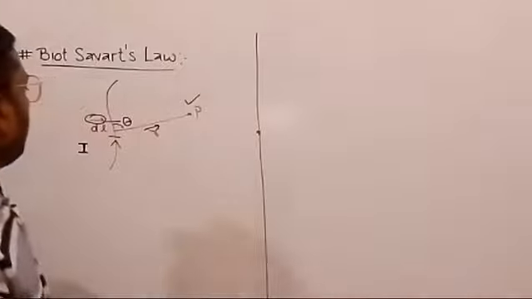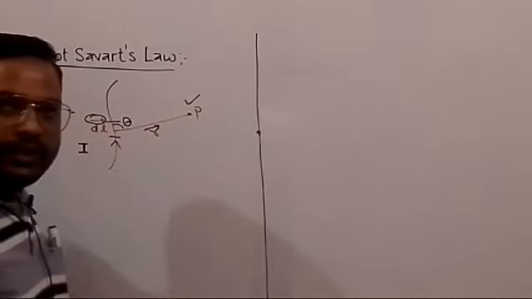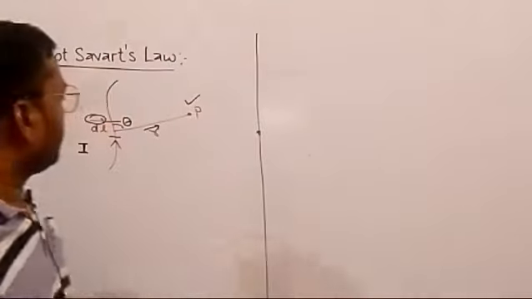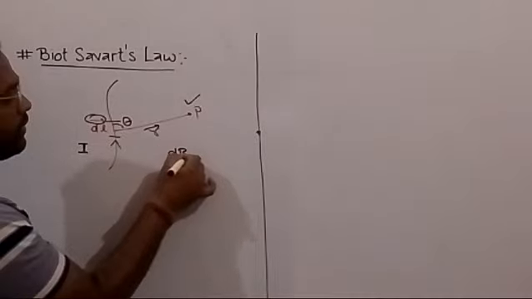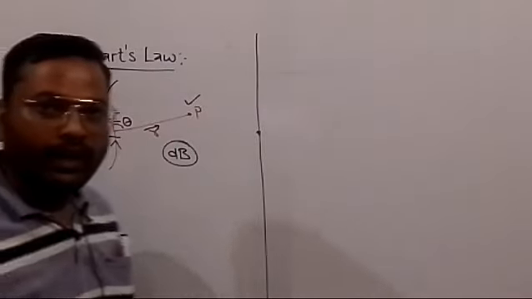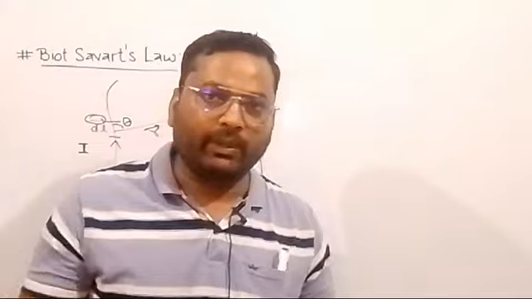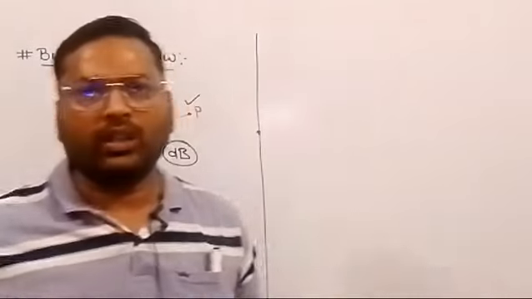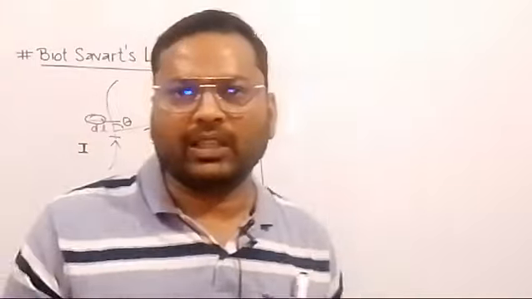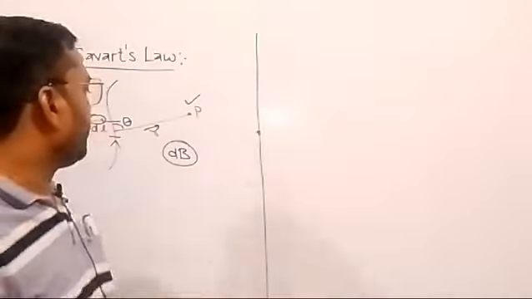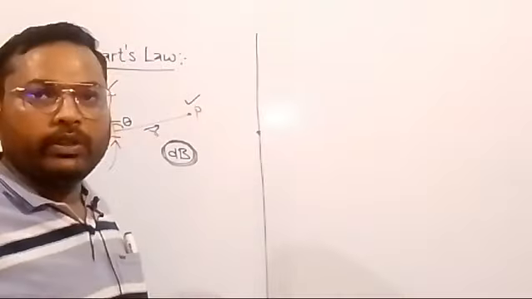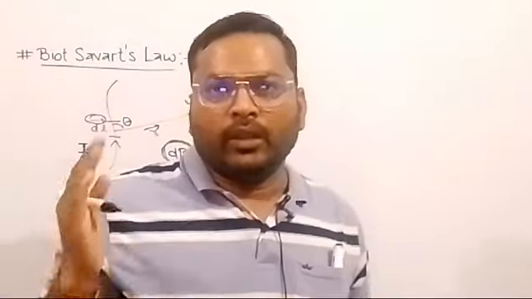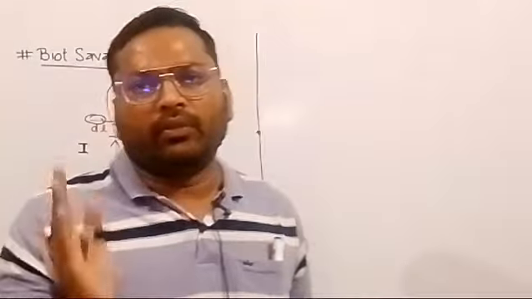So we have to find the magnetic field due to this small current carrying element. If this is a small current element, then the magnetic field is also small, represented by the dB vector. The vector form is also mentioned at the end, but here we only discuss dB, the small magnetic field.